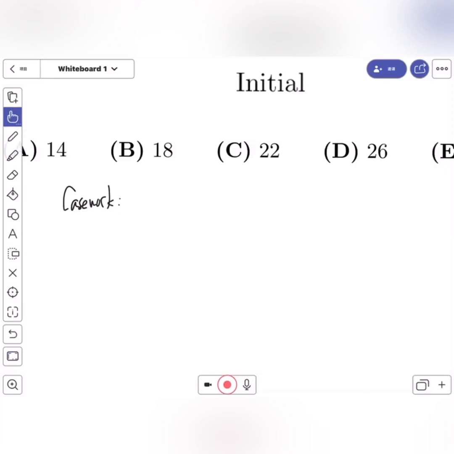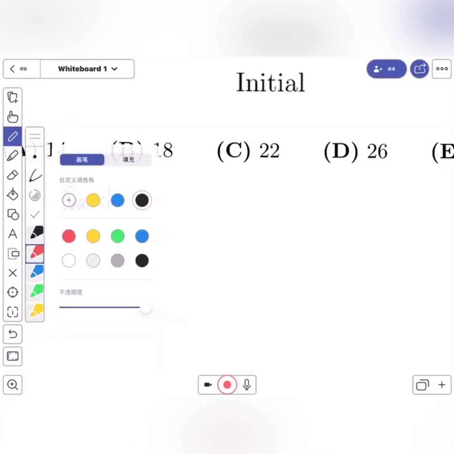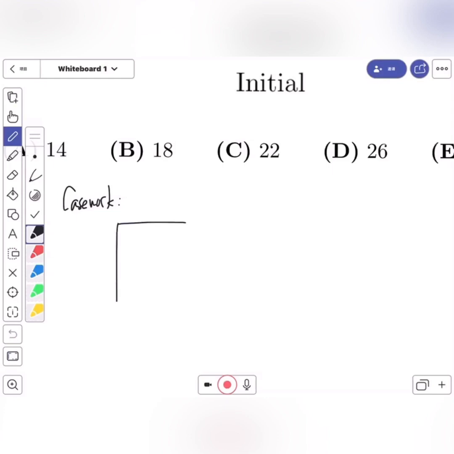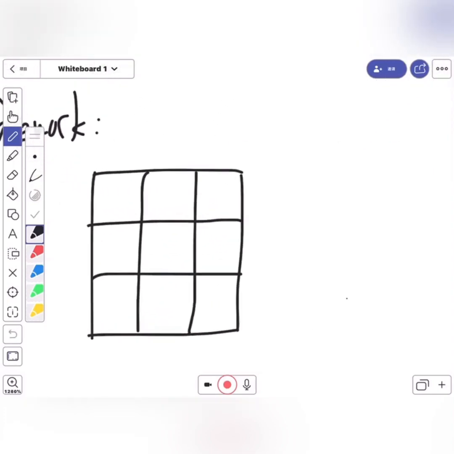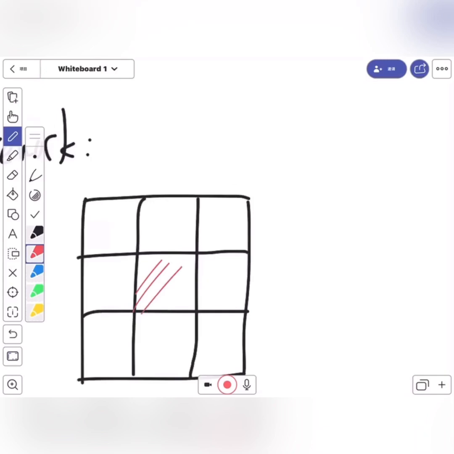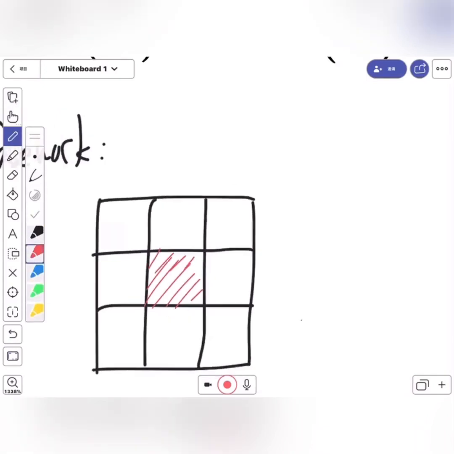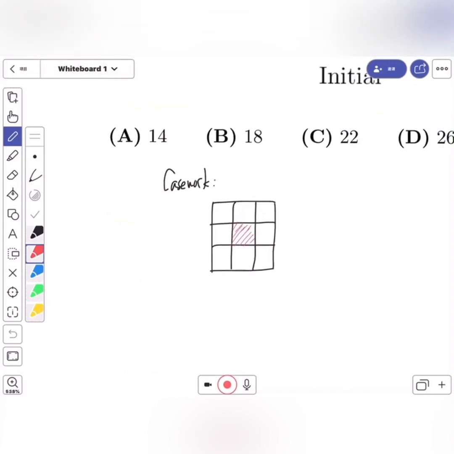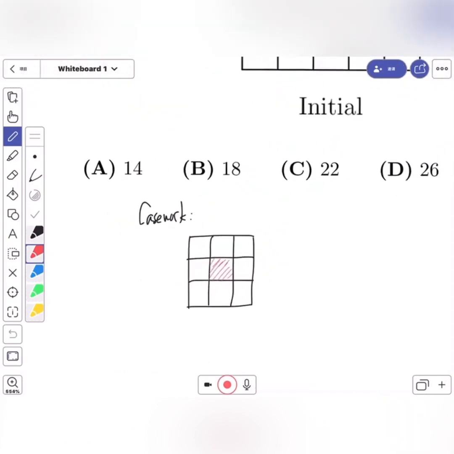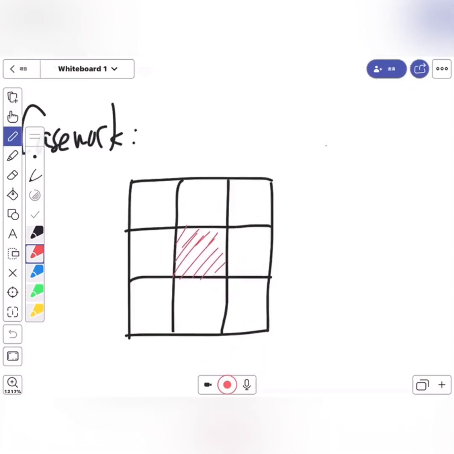So let's think of 2 cases. First, if we have the center square filled, then what are the cases that would make any other square that is newly shaded vanish?